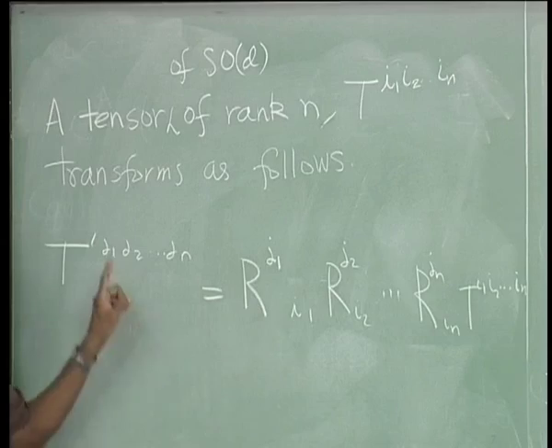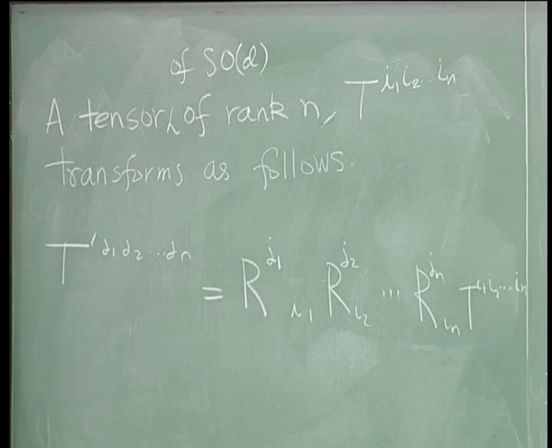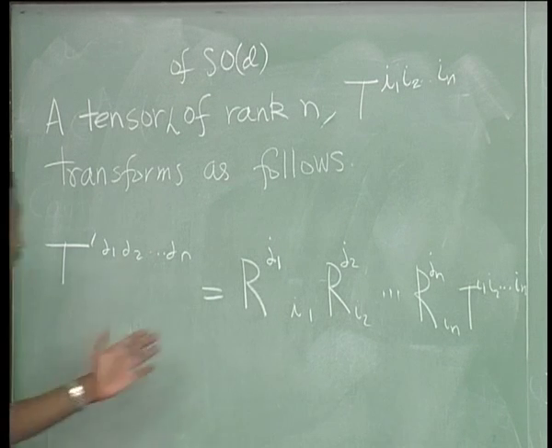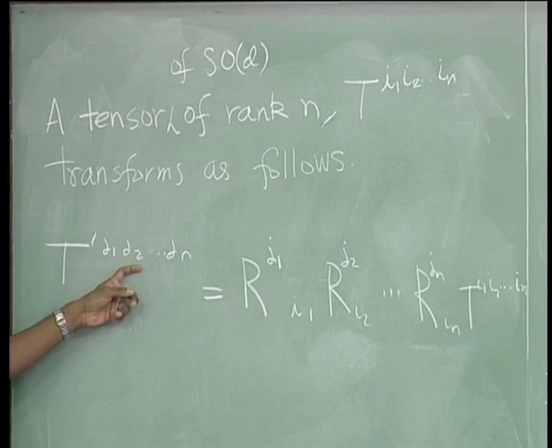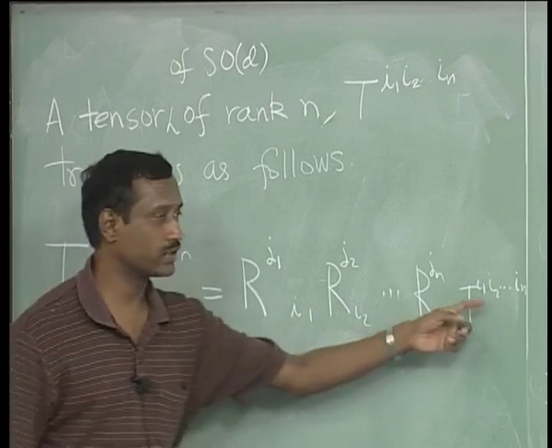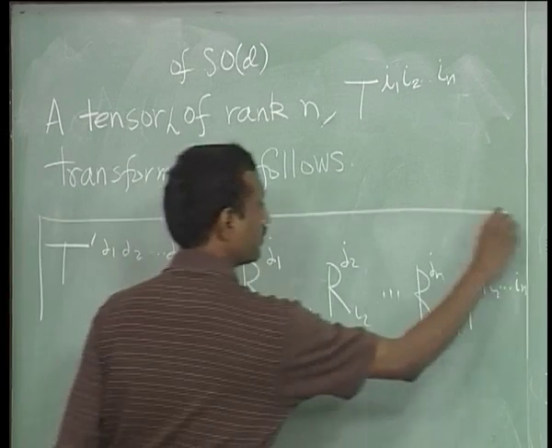You can see that this index J1 or I1 here behaves like a vector. Similarly I can repeat: forget about J1, now think about J2, and the same thing is happening. So it has a bunch of n indices, each of which transforms like a vector. Okay, so this is the defining property.